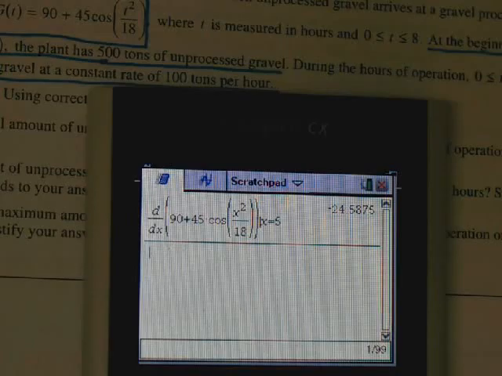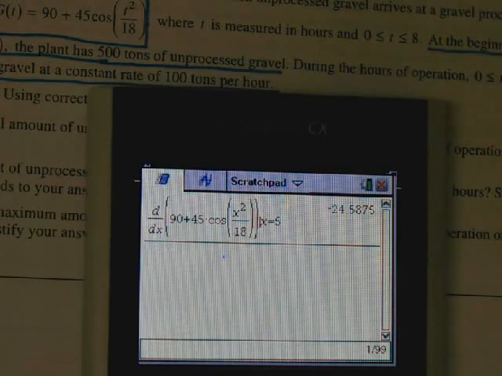Negative 24.588, which would be tons per hour squared, because g of t was in tons per hour, so it was the rate of change, and we just found the derivative of that. So it's the rate of change of the rate of change. It's like acceleration. We found tons per hour squared.